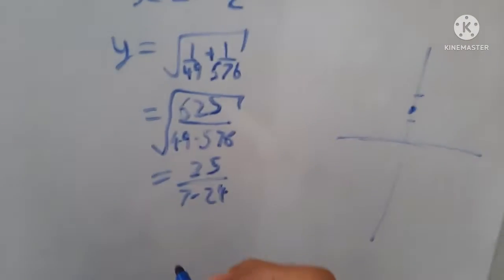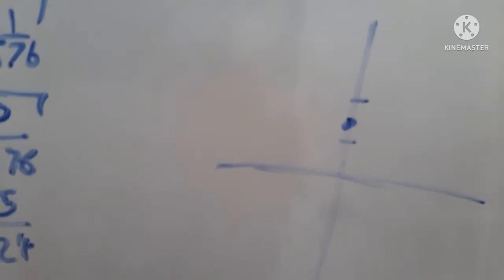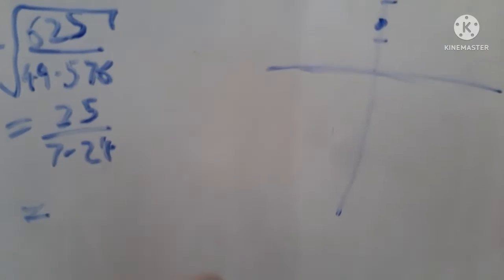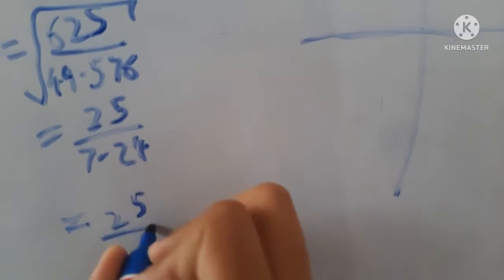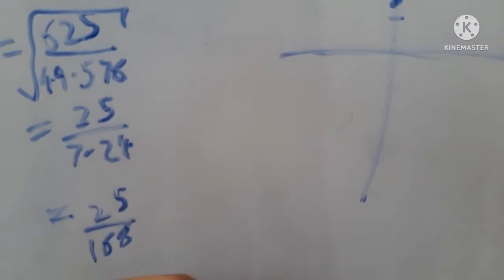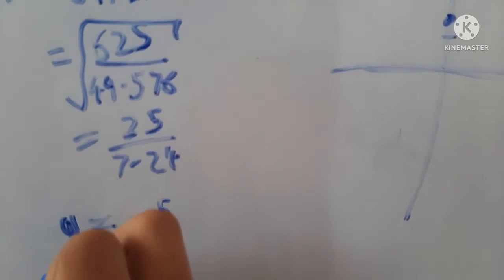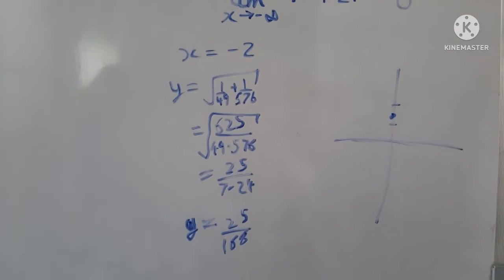Let's simplify it just for the sake of it. 7 times 24 is 168, so y is equal to 25 upon 168.